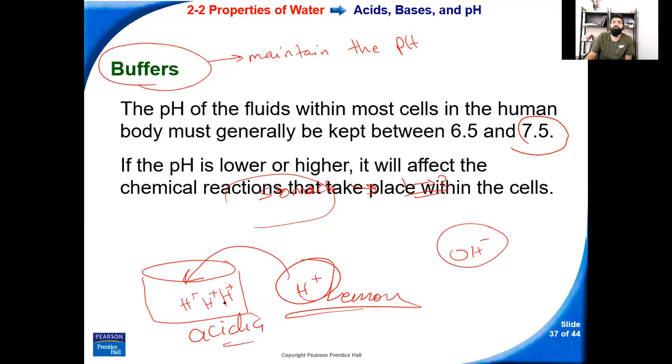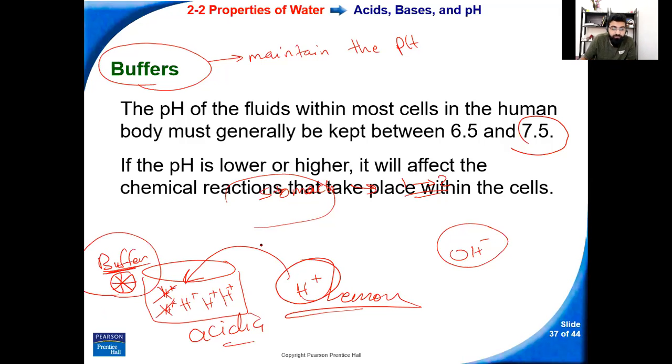How come? Actually, there's something in the blood. It's called a buffer. It's a chemical. This compound's function is to decrease the H plus if it increases. It means that the H pluses which come from the lemon juice, for example, will be removed by the buffer.